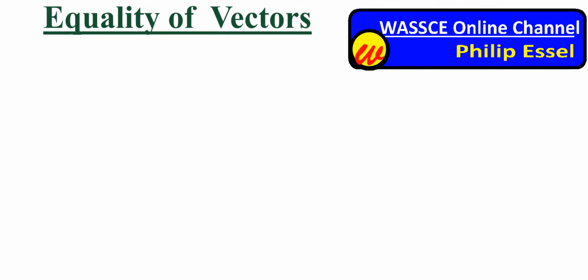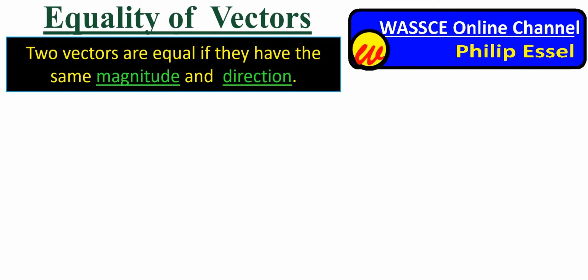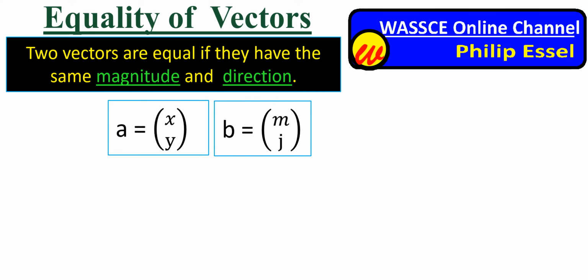Equality of vectors. Two vectors are said to be equal if they have the same magnitude and direction. Let's take the two vectors A and B. Vector A equals x, y and vector B equals m, j.